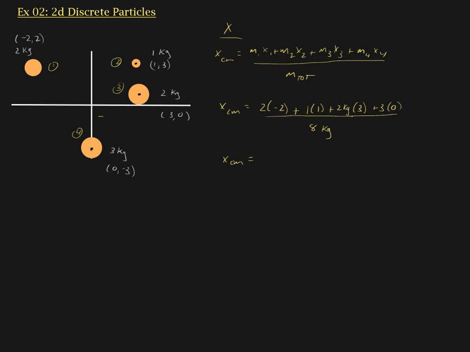Minus 3 plus 6 will be 3. And then that's just going to be 3 divided by 8, or 3/8 of a meter. Okay, so we know that our center of mass is going to be located somewhere along the line that's 3/8. So it's going to be somewhere along this line.